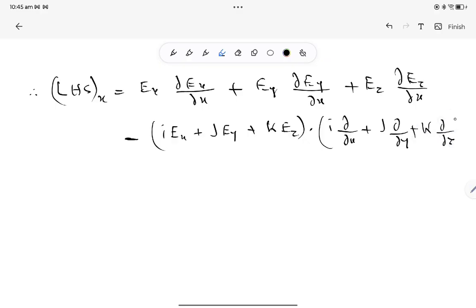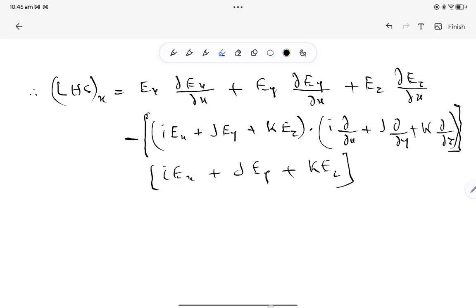This is a dot product between these two, and then we have it multiplied by this factor i ex plus j ey plus k ez, that is E.